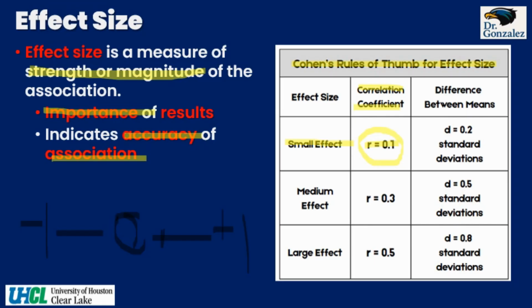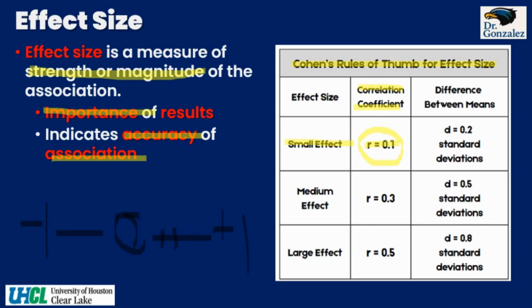A medium effect size. Let's look at our 0.3. I'm going further up here. If I divide that 0 to 1 into 10 little dashes, 0.3 is going to be right there. I just knocked out a small amount of my critical region. I'm making it harder to find, but at the same time, that medium effect is a stronger effect.